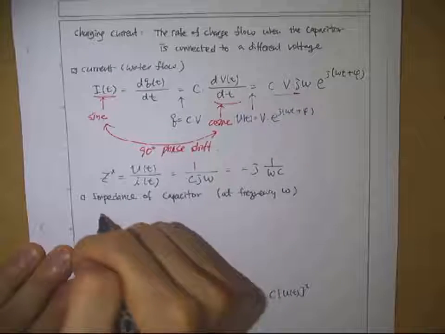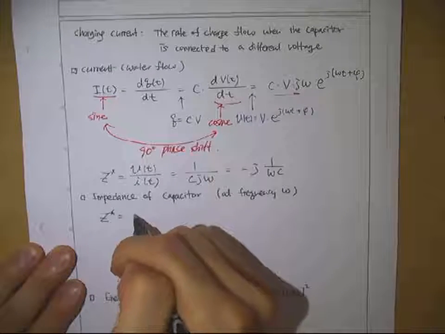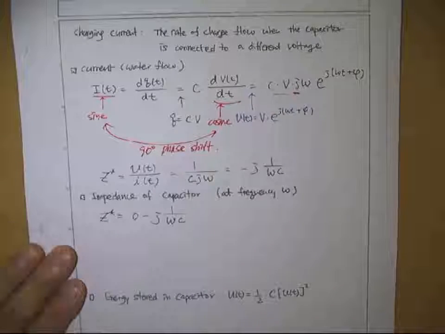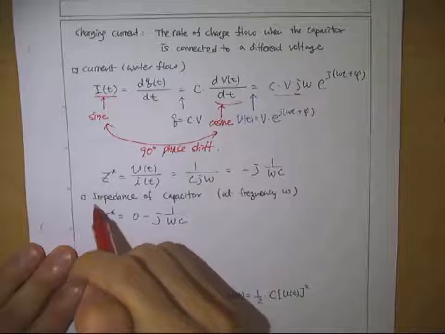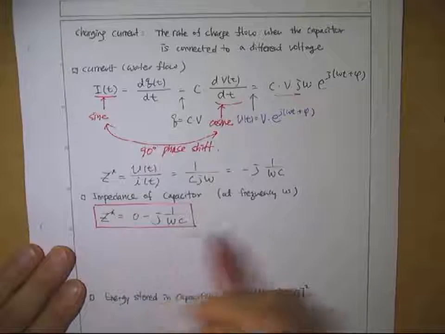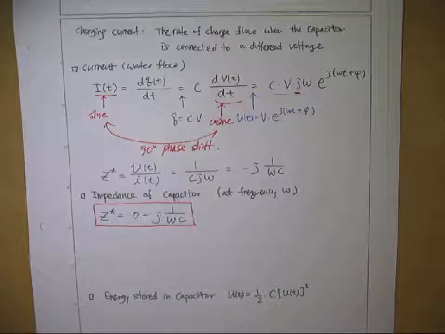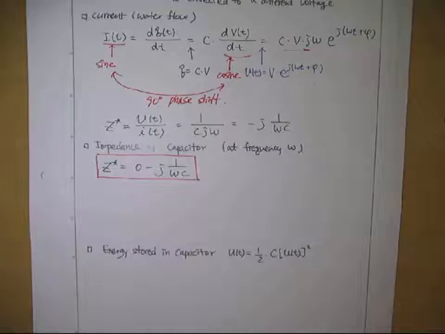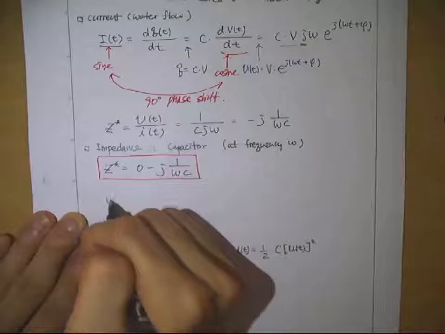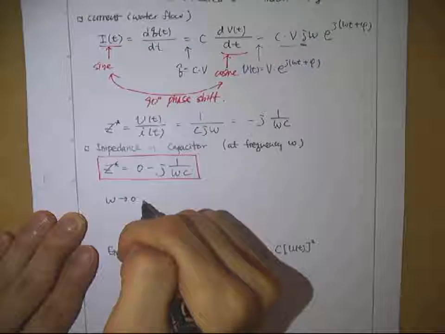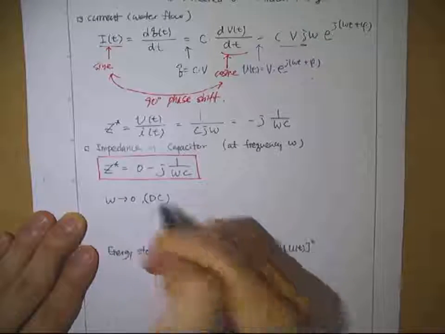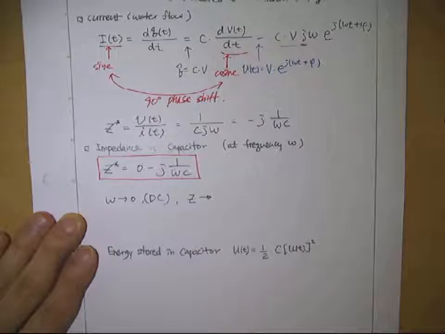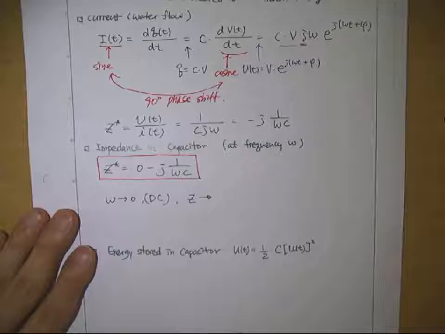So if we write it again, it is 0 minus j times 1 over omega C, at a certain frequency omega. Again, when the frequency goes to 0, which is the DC case, the impedance will increase, right?